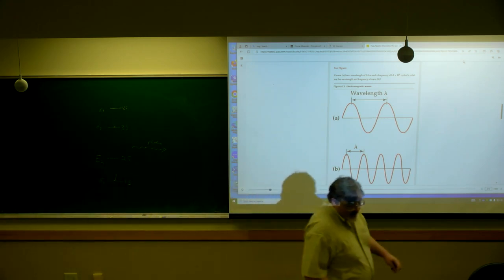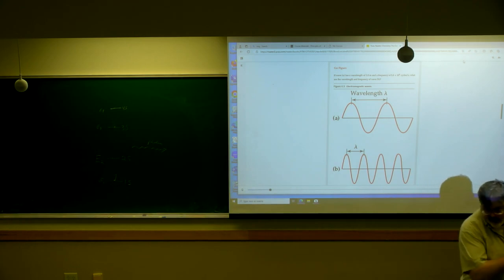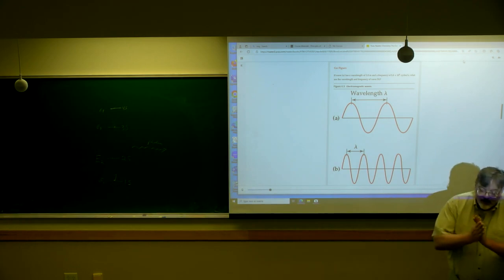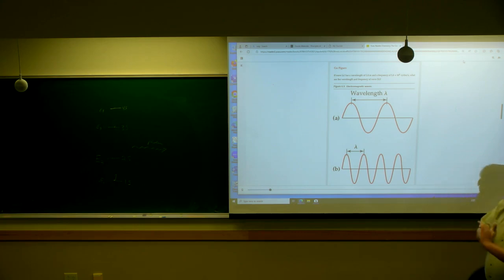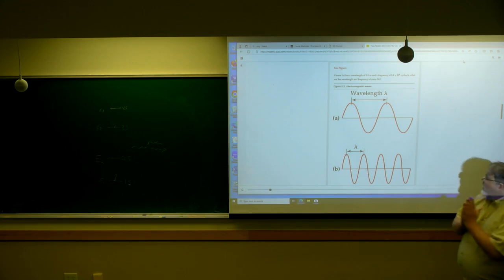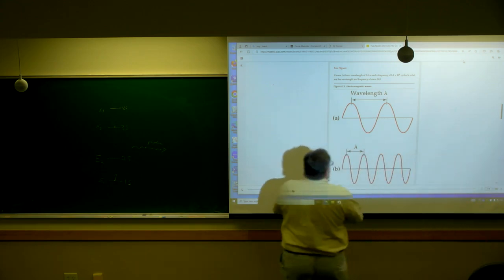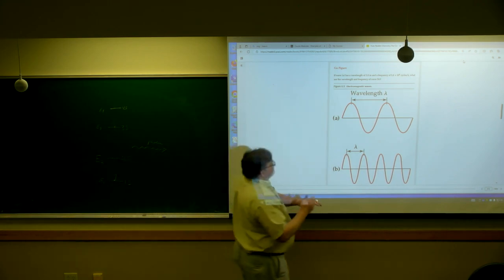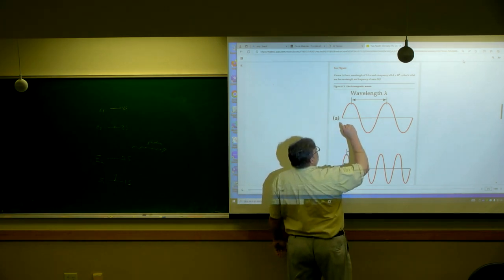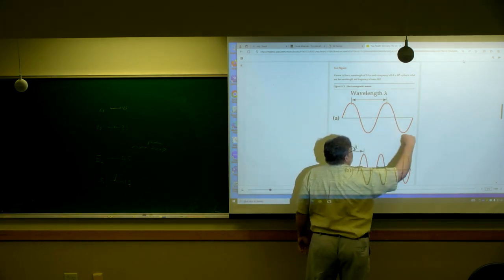So to talk about photons in light, we have to discuss the wave nature of light. So I've got here what we call a frequency diagram. If you wanted to map this out, you've got this sort of waving going on.